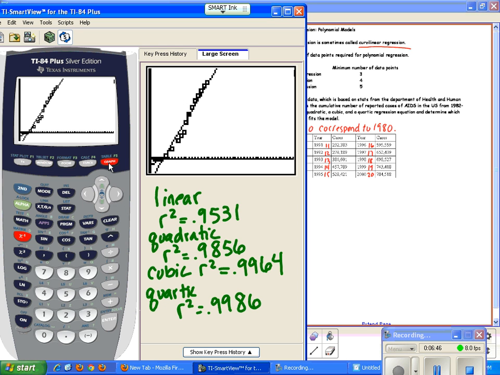All right, so now I got it to start working. If we look at our graphs in the end, this would be the cubic, and then this one's going to be the quartic.